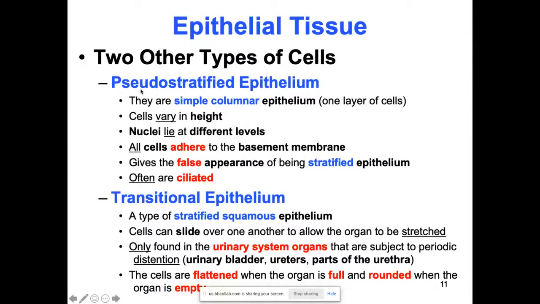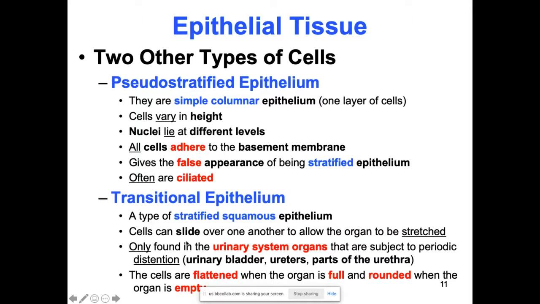So there is pseudostratified epithelium, which is really simple columnar, as we showed you before, but because the cells and the nuclei vary in height and they're at different levels, it gives it this false appearance that it's stratified. And as I mentioned earlier, wherever there's pseudostratified, we'll often find cilia attached to it.